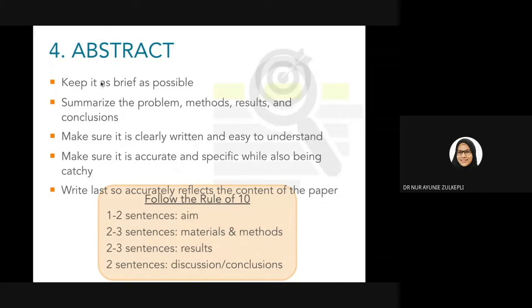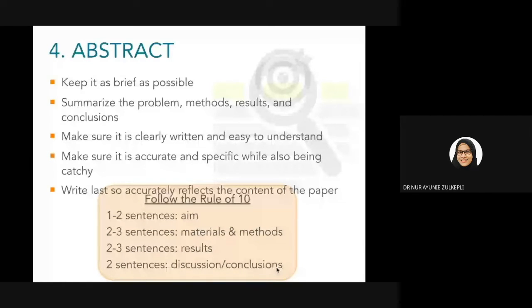Okay. So for the abstract of a standalone literature review for publication, usually we can follow the rule of 10. That means 10 sentences for the abstract: 1 or 2 sentences for aim, 2 or 3 sentences for materials and method, 2 or 3 sentences for the results or findings, and 2 sentences for discussion and conclusion.